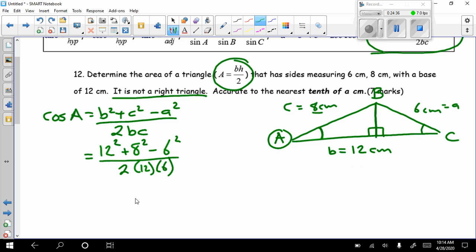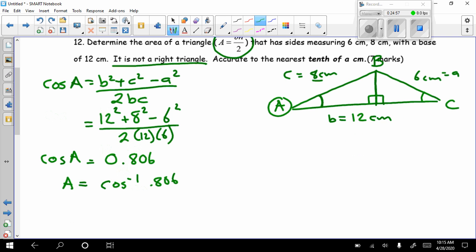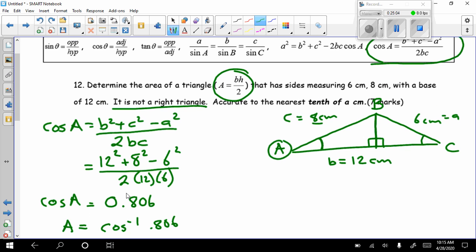Here we go. So when I do all that, I get a number of 0.806, and that's cos of A. And then finally A is going to be equal to the inverse cos of 0.806, and I get a number of 36.3 degrees.